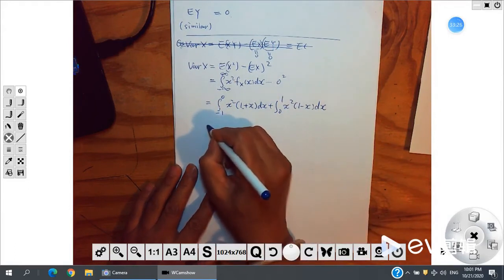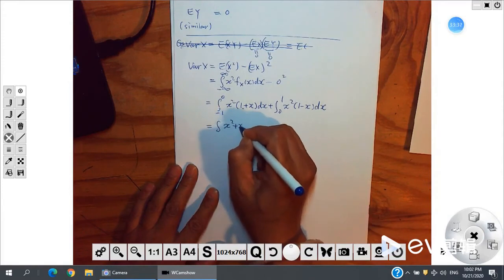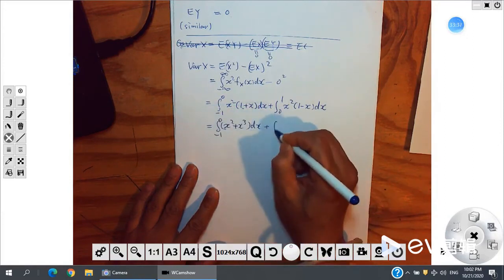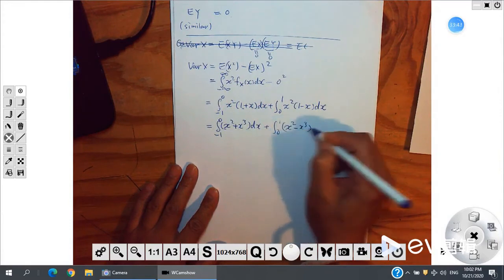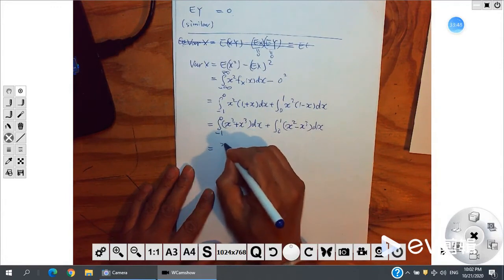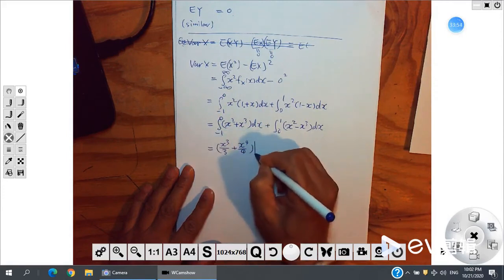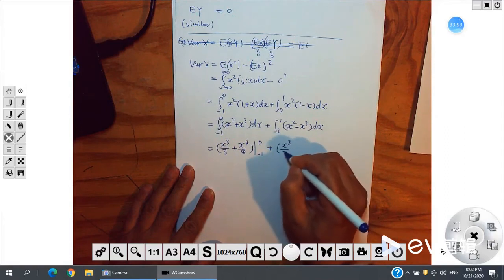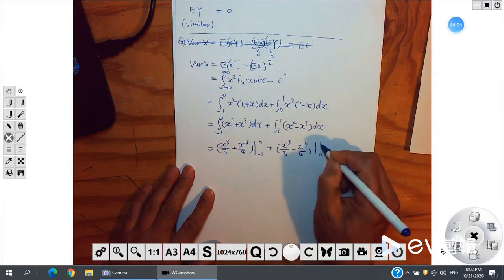So this is the integral of x squared plus x cubed dx from -1 to 0, and from 0 to 1, the integral of x squared minus x cubed dx. So this is x cubed over 3 plus x fourth over 4, with x running from -1 to 0, and plus x cubed over 3 minus x fourth over 4, with x running from 0 to 1.